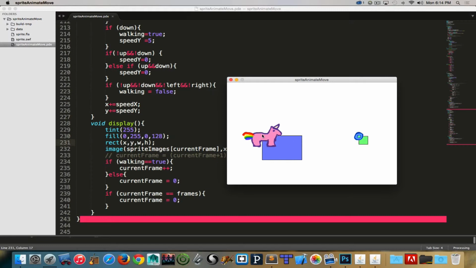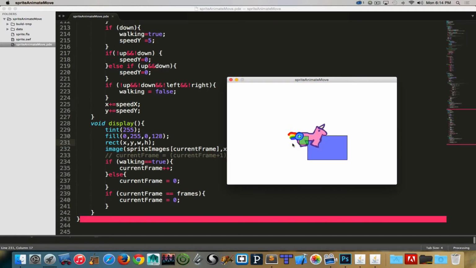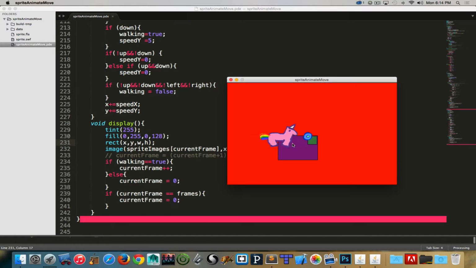So if we compare the x of this rectangle plus its width, this point, to the x of this, have those two lines intersected? As soon as they intersect, you visually see a color change occurring because that's what I programmed into it.